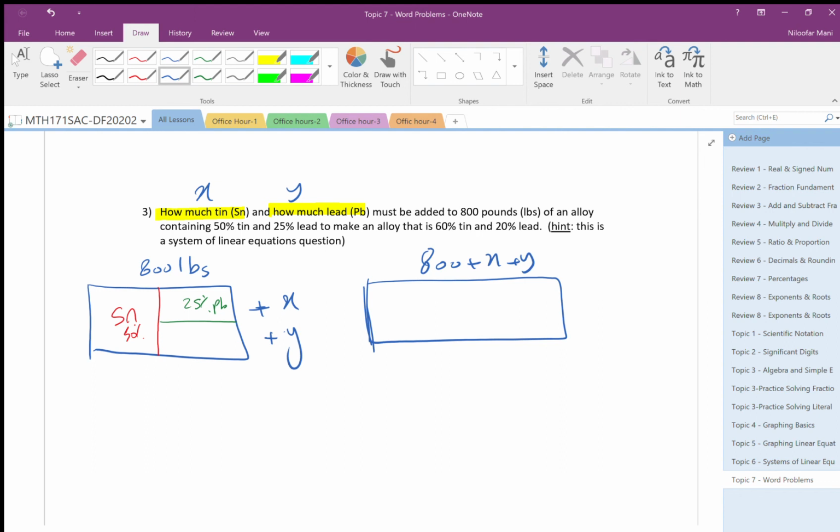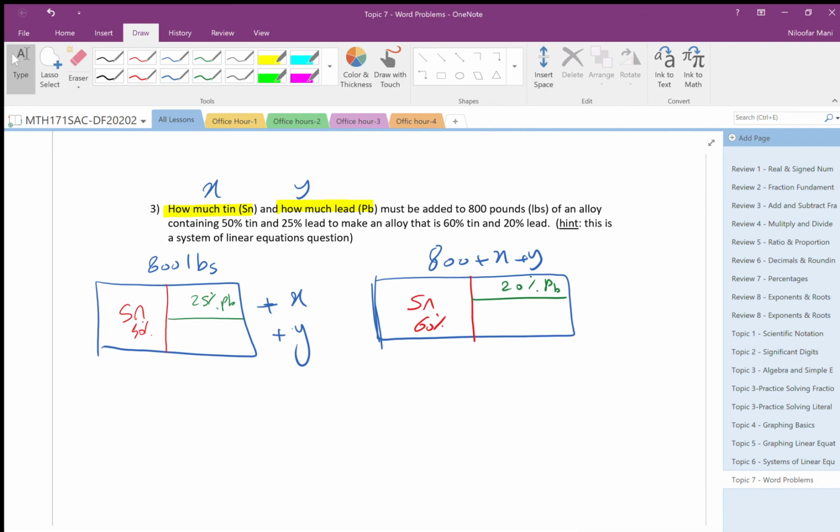Then I want Sn to be 60% and Pb to be 20%. One of them goes up, one goes down. The rest I don't need to know. An alloy is just made of several things.